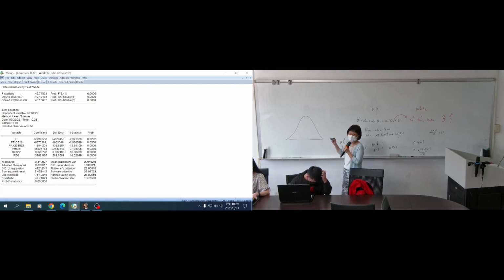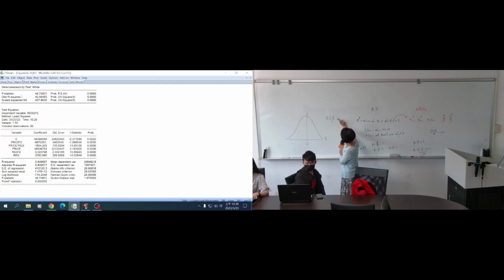Okay, the coefficient estimation follows a t-distribution, right? If it is unbiased, it means the expected value of the beta we estimate, either one of the betas, will be equal to the population beta.